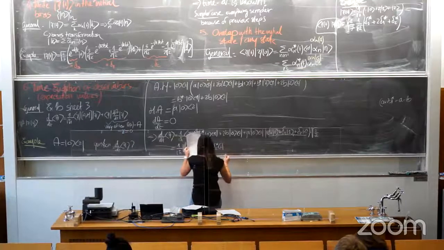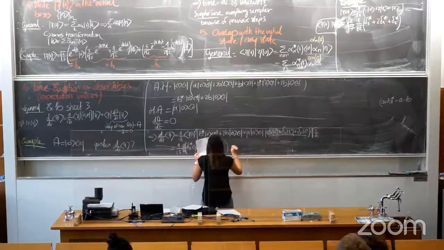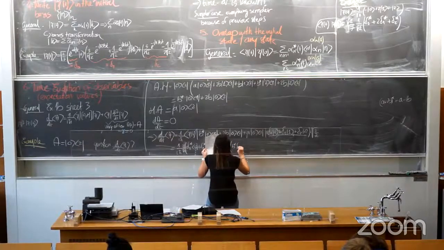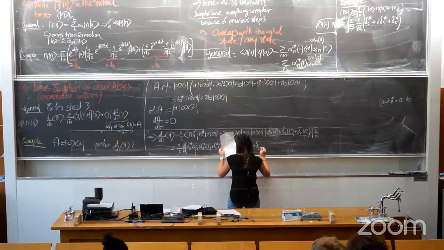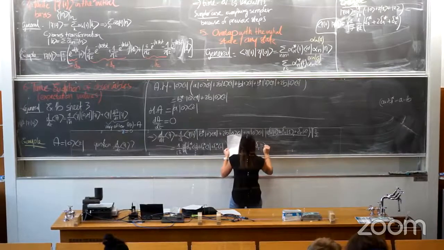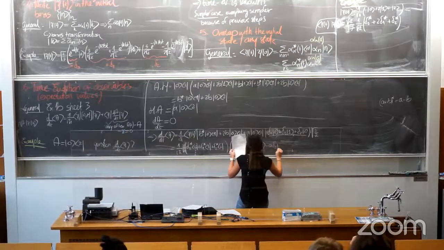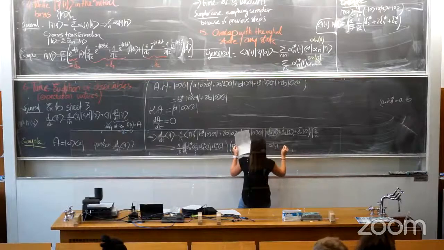And then I multiply it with B star rho 1 0 plus 2B rho 2 2 minus A rho 2 0, rho 2.